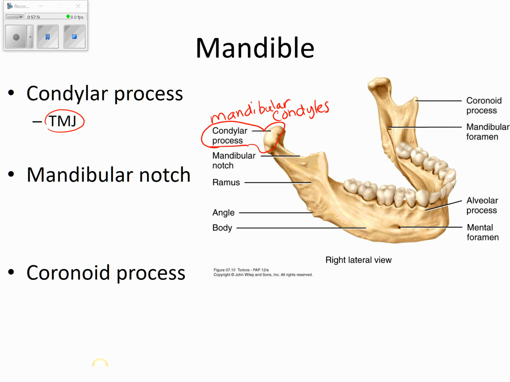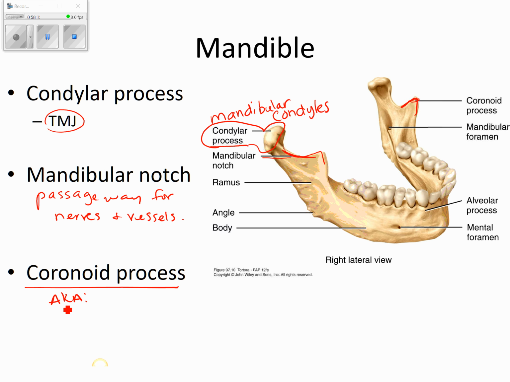Your mandibular notch is right there. The mandibular notch is a passageway for nerves and vessels. And then you also have your coronoid processes, which is also here. They're also known as your mandibular processes.